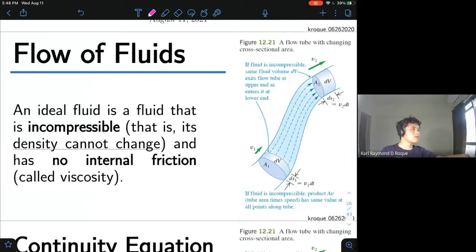Ngayon, dati, statics lang, di ba? Hindi gumagalaw yung fluid. Ngayon, try naman natin paano pag gumagalaw na. So, dito sa pag-aaral natin, we consider ideal fluids or fluids that are incompressible. Meaning, density cannot change, tsaka walang internal friction or yung viscosity na tinatawag.